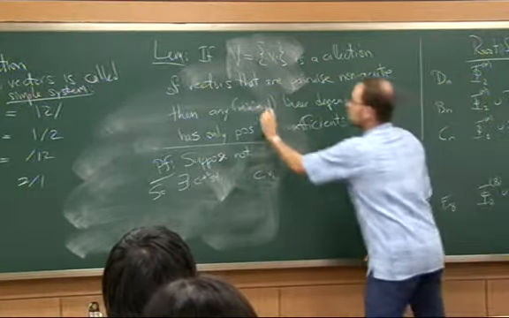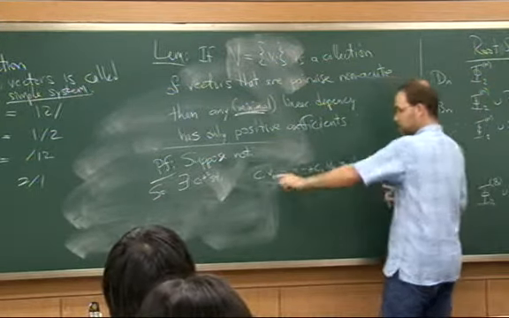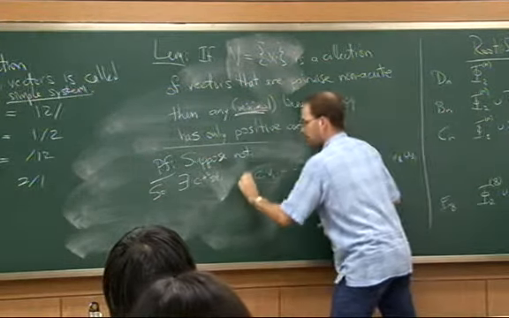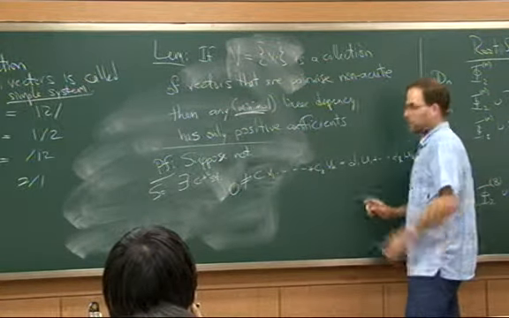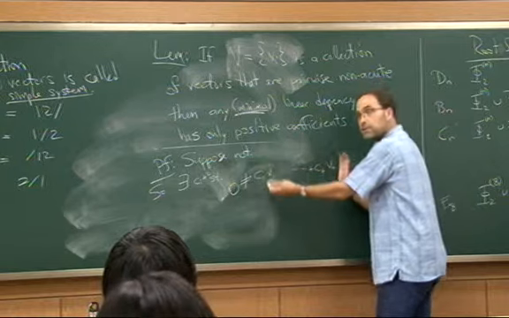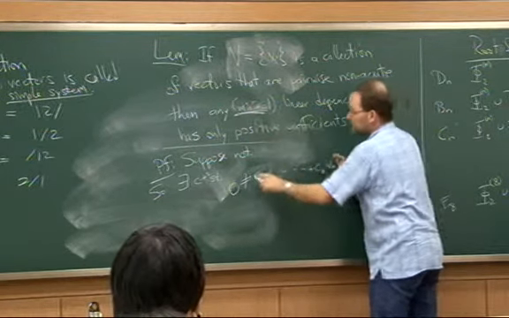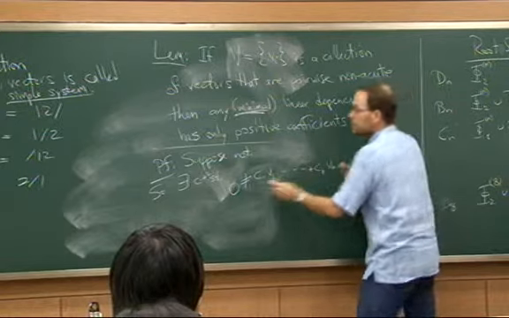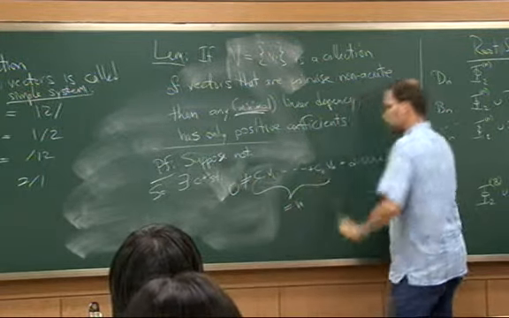I'm also assuming minimal. And because I'm assuming minimal, that means that this vector that I get is not 0, because otherwise here's a linear dependency that's smaller. So minimal means that this is not 0. So let's give it a name. Let's call this W.